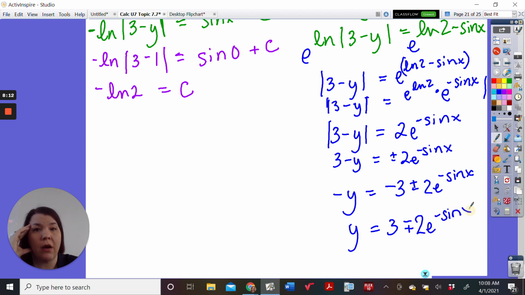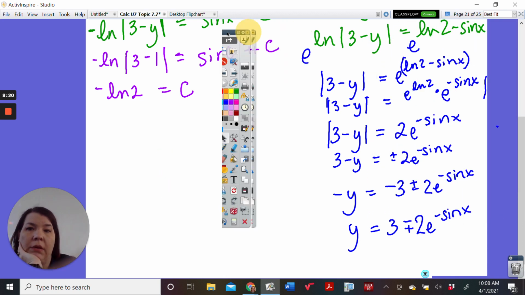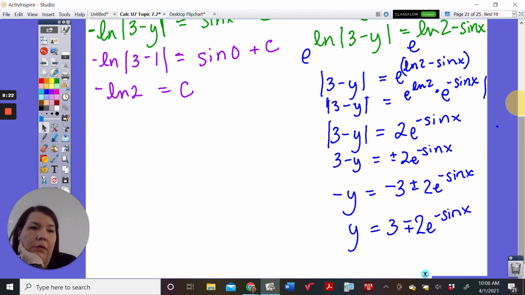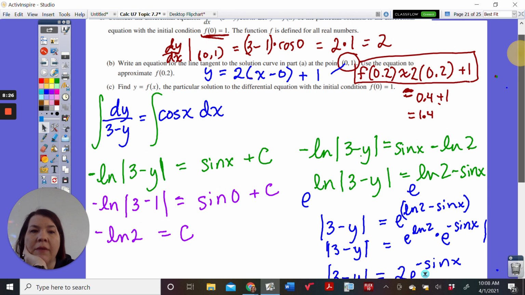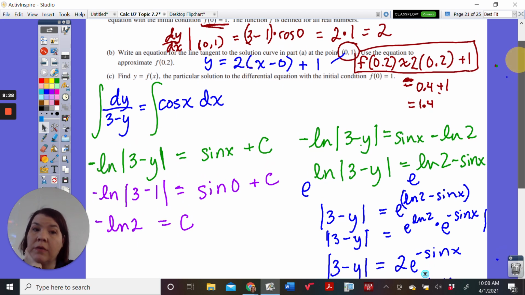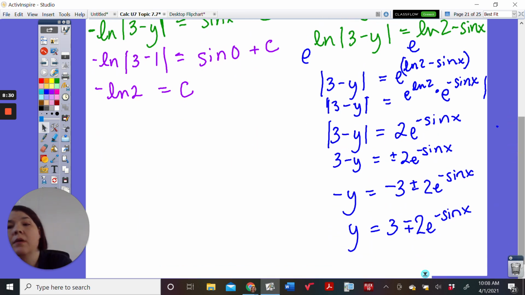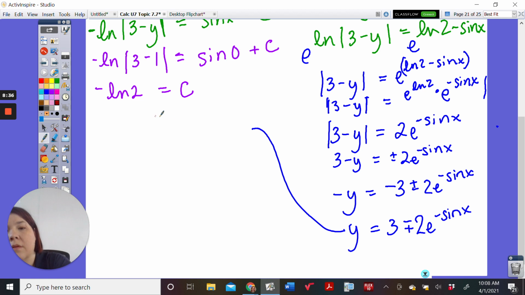So now we're going to check our plus or minus and select. So going back up the screen, I've got that initial condition of f of 0 is 1. So I'm going to go ahead and plug in.